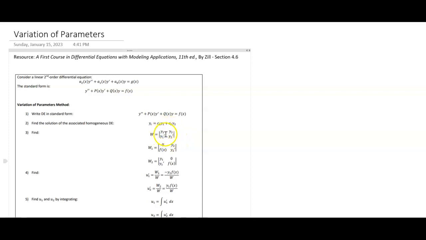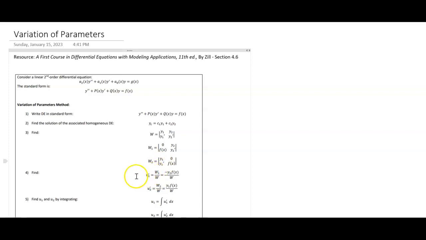And since that won't be equal to 0, we then are going to find what we call Wronskian 1 and Wronskian 2. This is, we're going to incorporate f of x now into that equation or the Wronskian or linearly independent solutions with our y2, and then you're going to do the same thing with your y1.